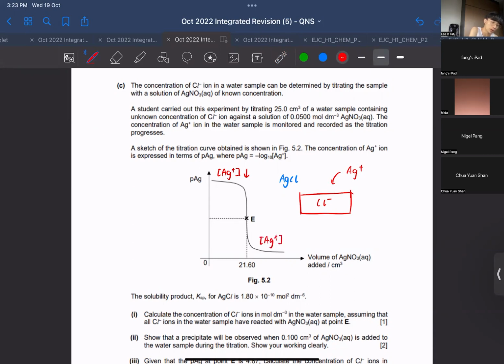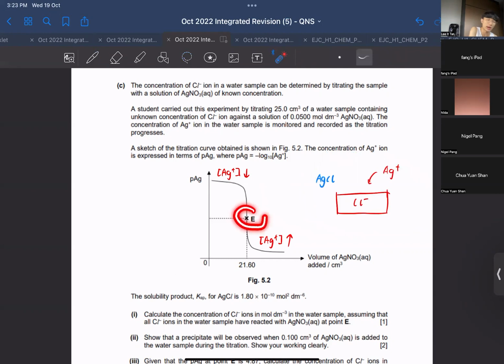On the other hand, why is the pAg here super low? pAg is low because the concentration of Ag plus is high. Why is it high? I need you to first understand what it means for this reaction to be at the equivalence point. I've always emphasized that equivalence point implies a complete reaction.